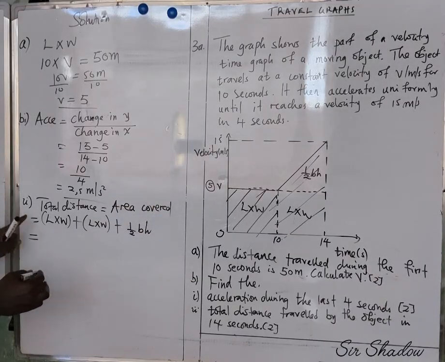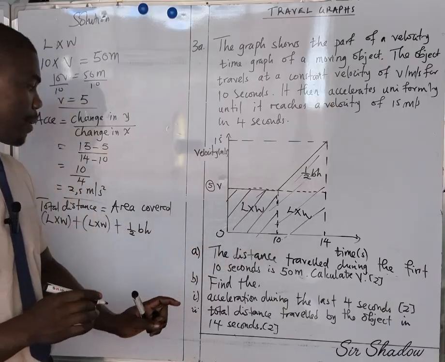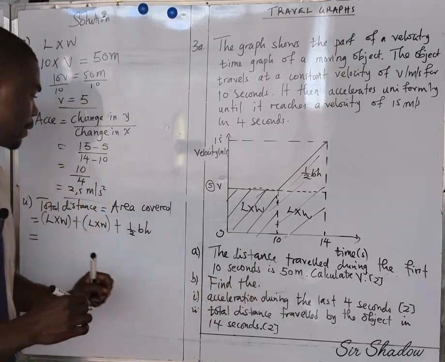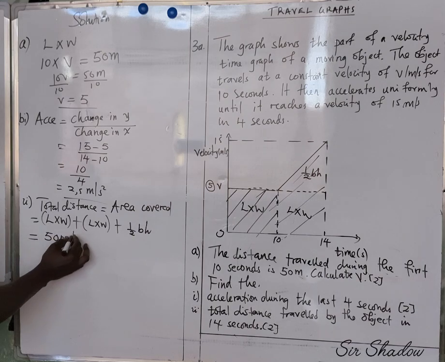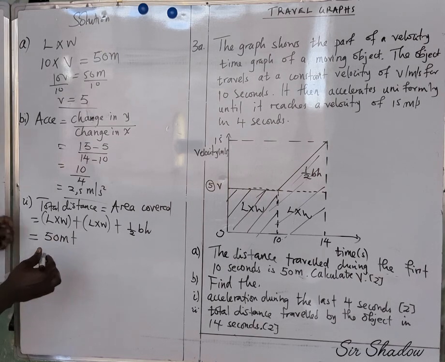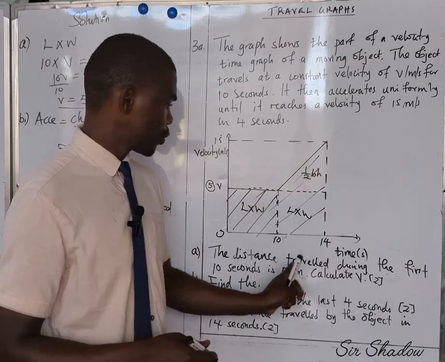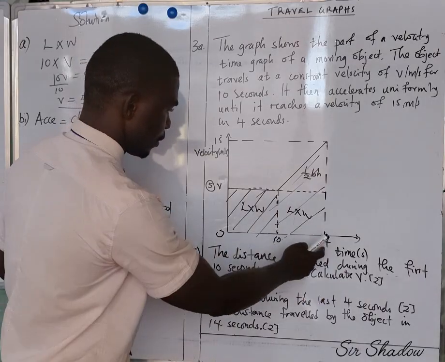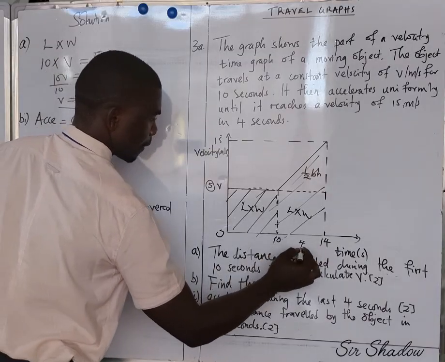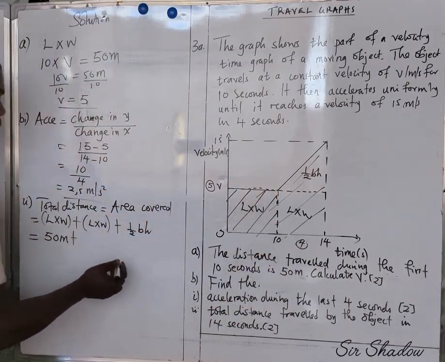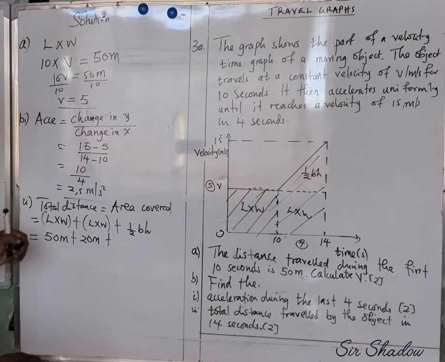This equals length times width for the first one. But remember, the area for the first shape in 10 seconds we are given here is 50 meters. 50 meters plus length times width for this, which is 4 times 5, you get 20. 40 minus 10, you get 4 here, times 5, you get 20. 20 meters here plus half BH.